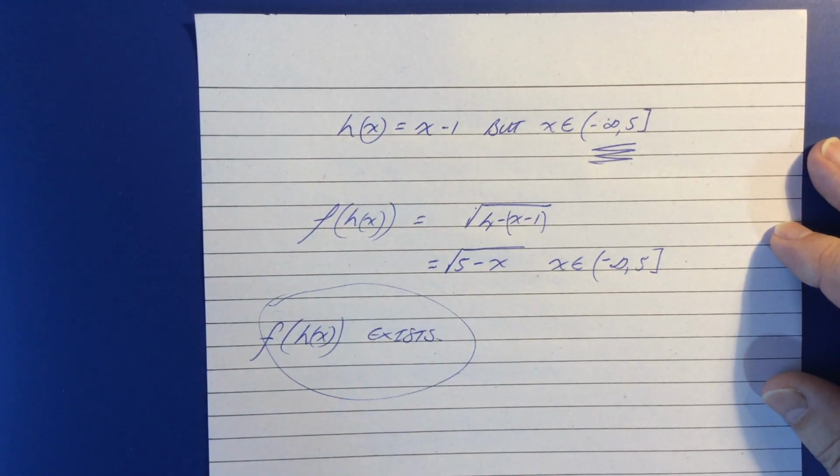Question yes or no, whether it's a new function or not. That's kind of academic at the moment. What we have done is by limiting the range, effectively the range of g, we have made that a subset of the domain of f, and therefore the function now exists. And that's the end of the third part of composite functions.